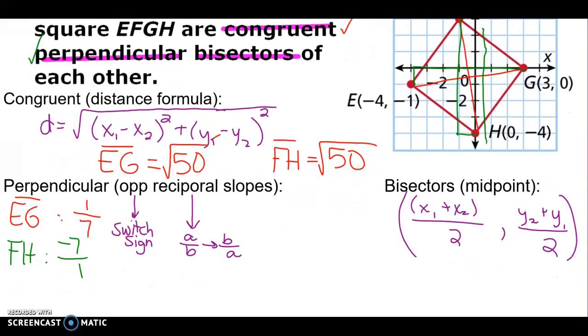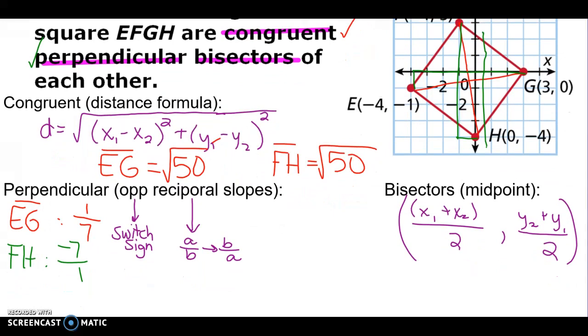What about the midpoint? Midpoint of EG. Should have been an ordered pair, an XY. Okay. We find the averages of our 2 points. It was negative 1/2.